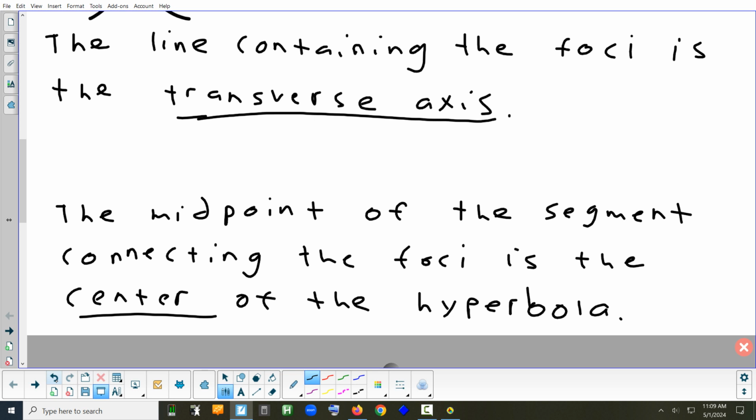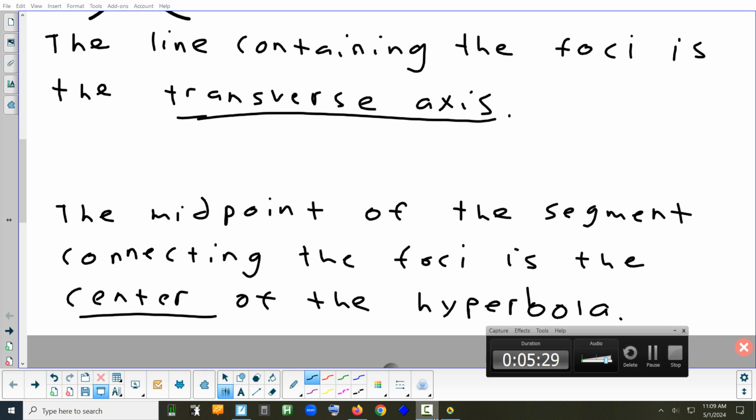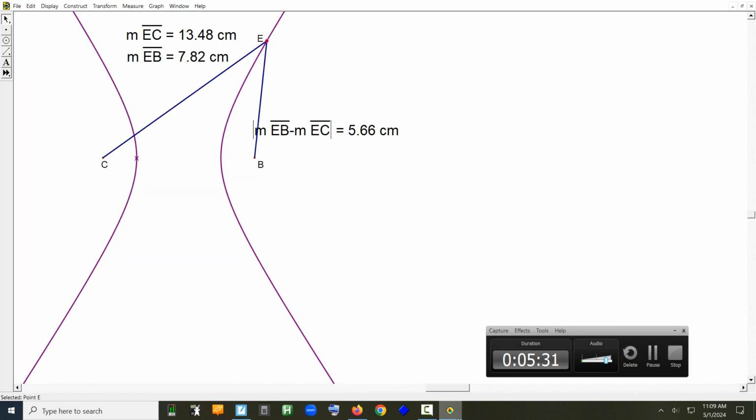I haven't defined what the vertices are yet, that's why I didn't use that word. But let me go back for a second. If you could draw a line segment between B and C, find the midpoint, that's the center.